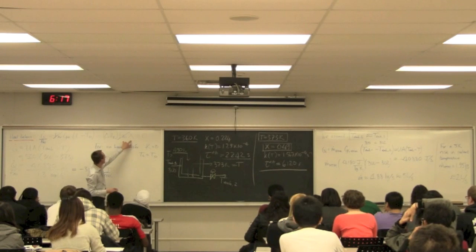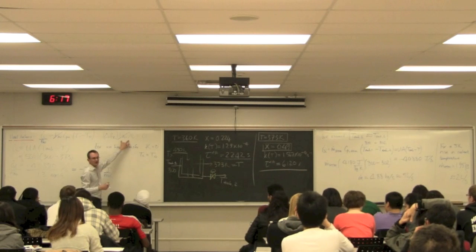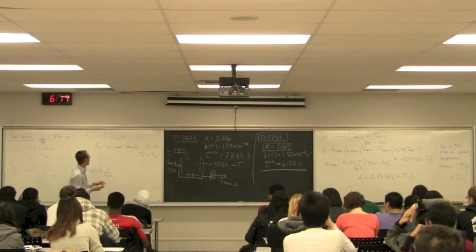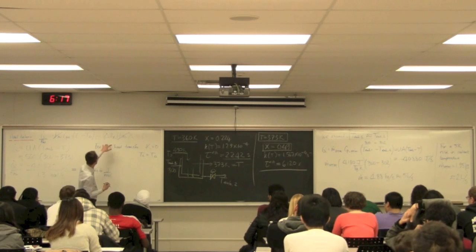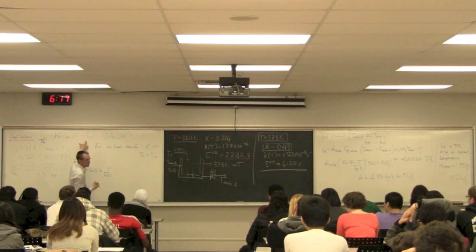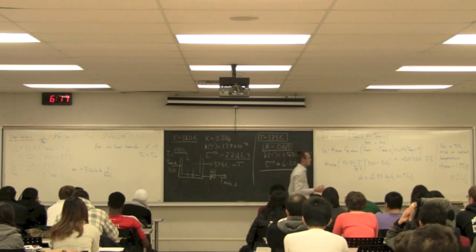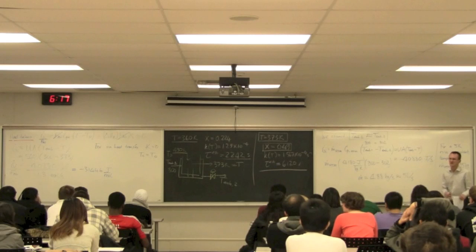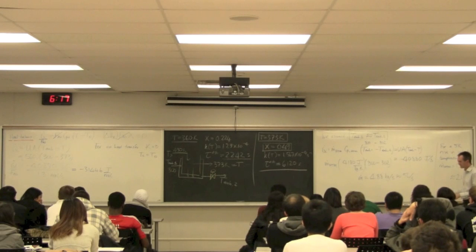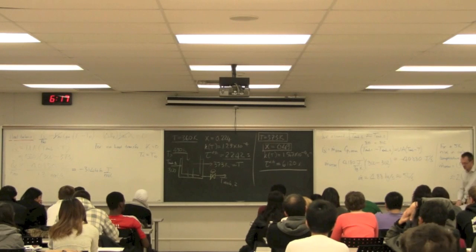Essentially, if I'm just flowing A into my reactor and nothing is taking place, there's no conversion, there's no heat released, does this equation make sense? Let's actually take a look at that, because this is one thing that trips people up all the time: they get their signs mixed up and they get negatives appearing when they should be positives.